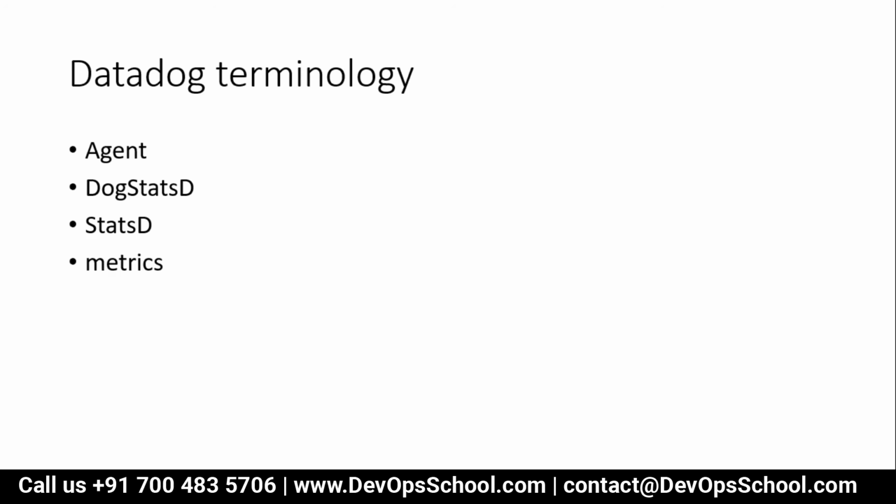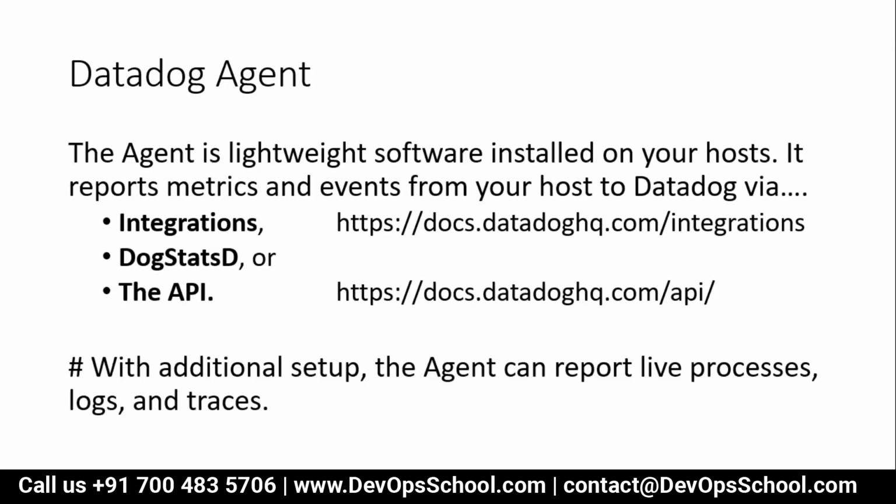Now let's get started. The agent is a very important part of the Datadog ecosystem to gather different kinds of metrics, events, traces, logs, everything. Only the agent can help you here.